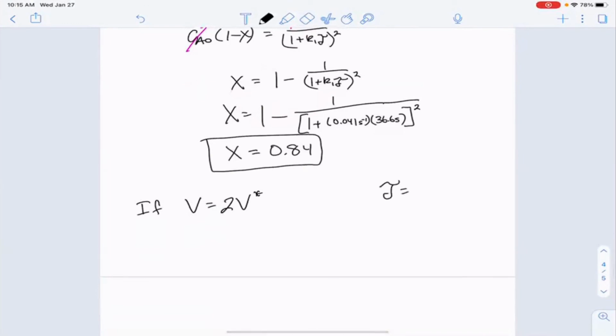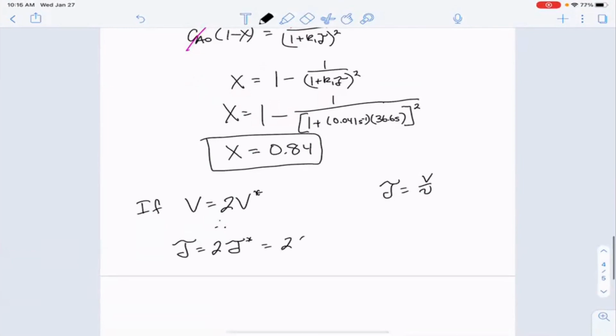Remember, tau is equal to V over v. So if the volume is twice as large and the volumetric flow rate is the same, the residence time is just 2 times the residence time we had at the beginning, which is 2 times 36.6 seconds, not inverse seconds, which is just 73.2 seconds.